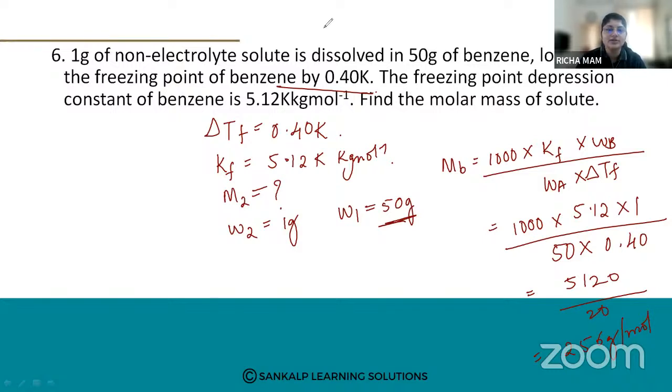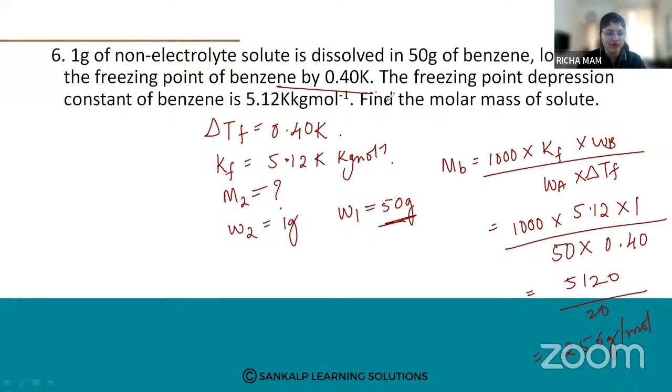Okay, what about others? Others have also got the same. Okay, good. So gram per mole is very important. The units are very important.